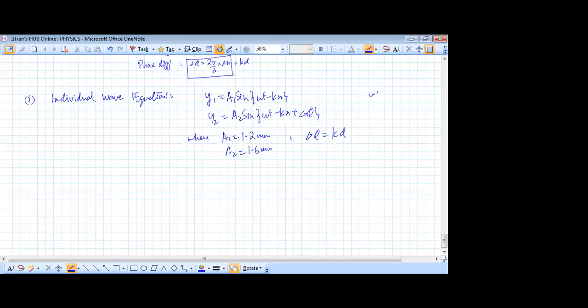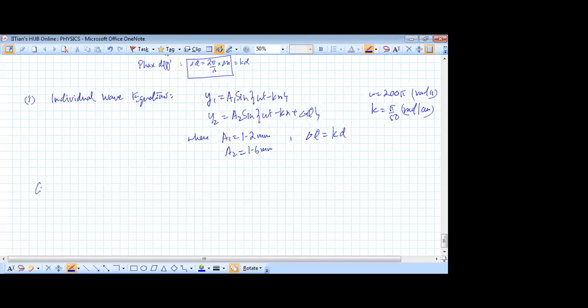Of course omega was 200 pi and k was pi by 50 in radians per centimeter in CGS units. So from this we'll come to each of the parts. This is the first part's answer.